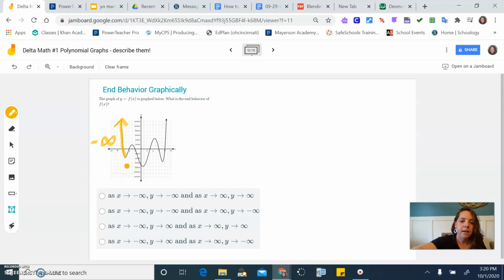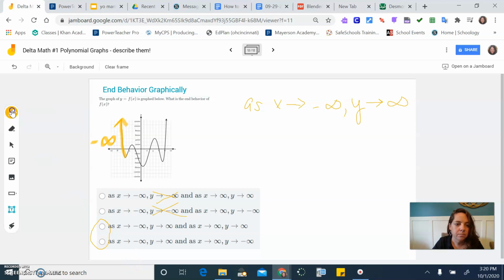So as x approaches negative infinity, y is going up, so it's getting closer to positive infinity. So that's not it. That's not it. So it's got to be one of these two.